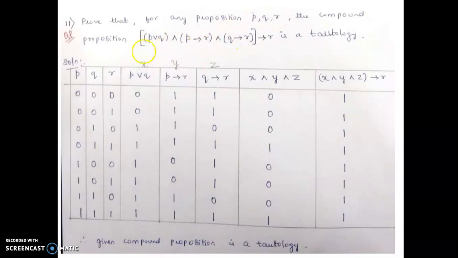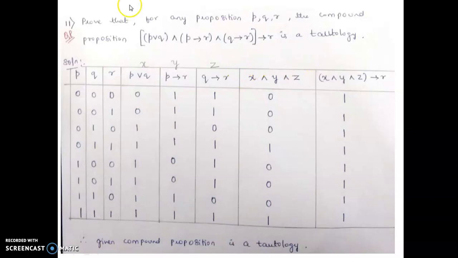And why are these conventions given? Just because we want p, x and y and z. So because of that we have come across this kind of convention of x, y and z. And since we have three propositions p, q, r, we'll be having eight possibilities.